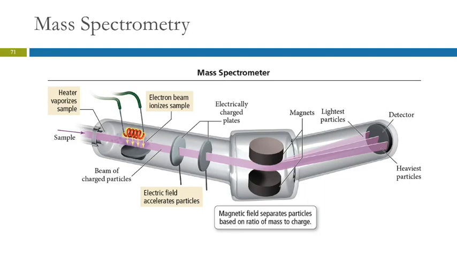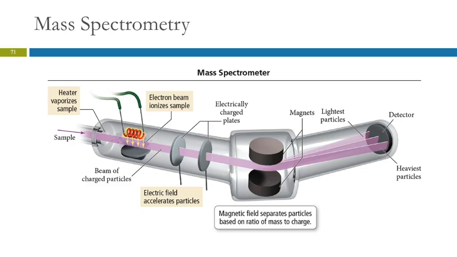We need these particles to be moving quickly. So we're shooting these now negatively charged particles into this magnetic field. The magnetic field will bend the path of those particles, and how far it gets bent depends on how heavy the particle is.